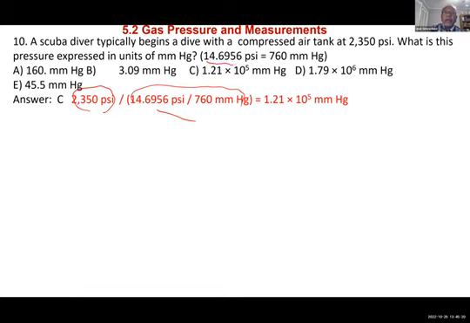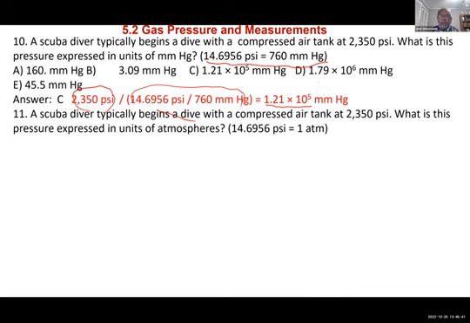So I rewrote the conversion factor here. So you get the answer. 2,350 converted to millimeters of mercury becomes 1.21 times 10 to the 5, which is the answer C. So again, there are calculations like that.